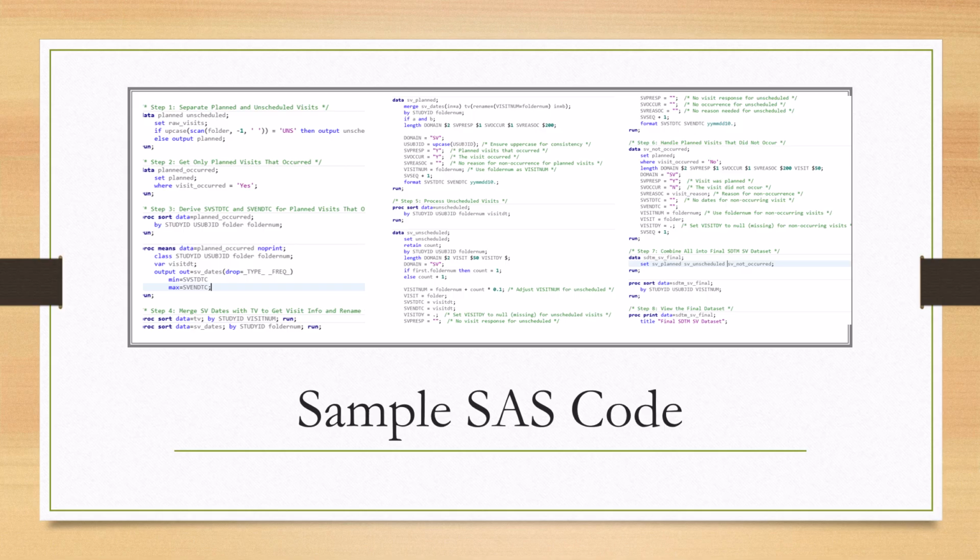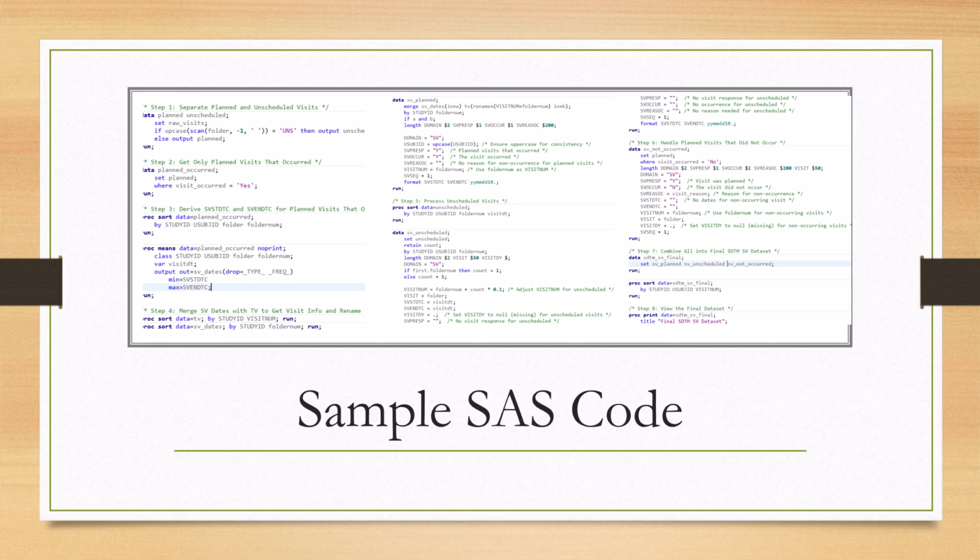Please note another important point here is that in all this coding, we have assumed that the dates which are captured at the raw dataset level are complete dates. But what will happen if you have captured a partial date for any visit?